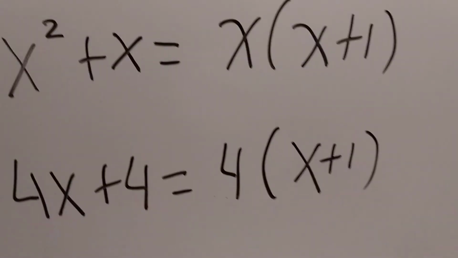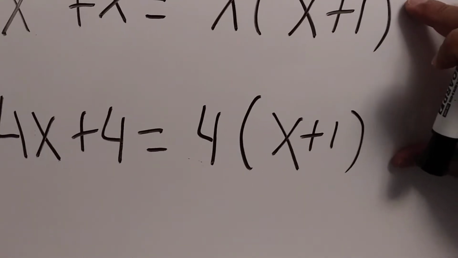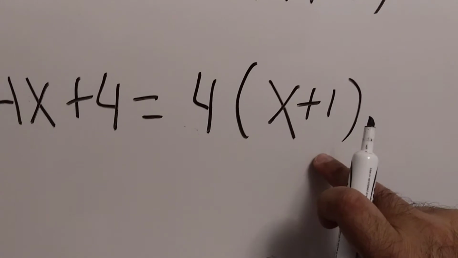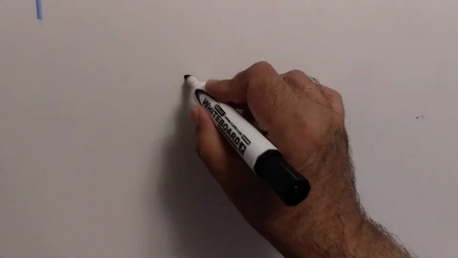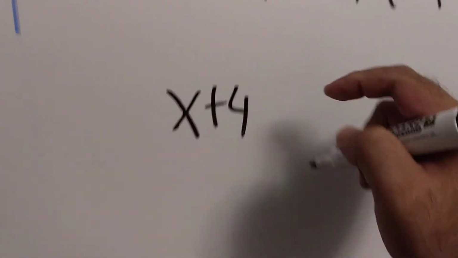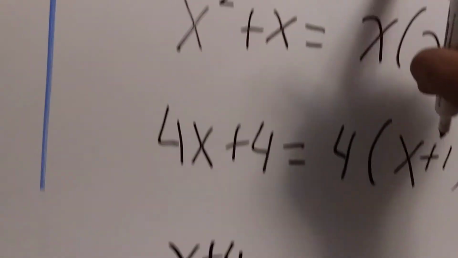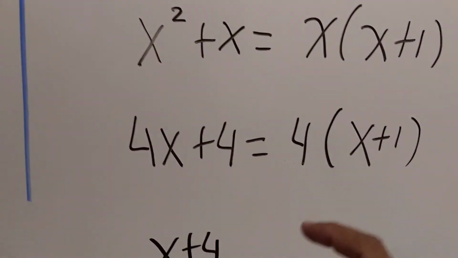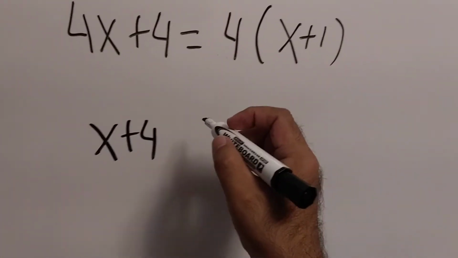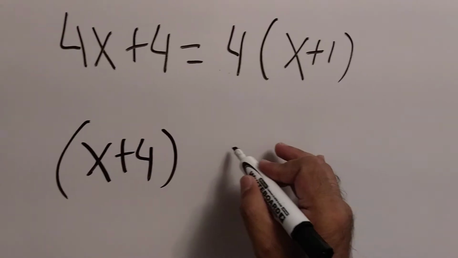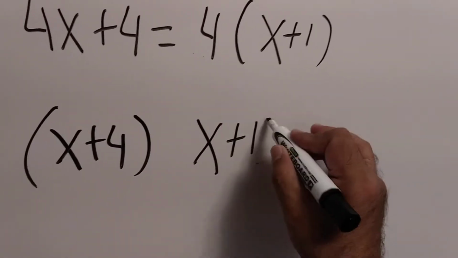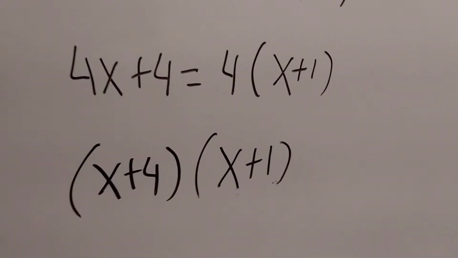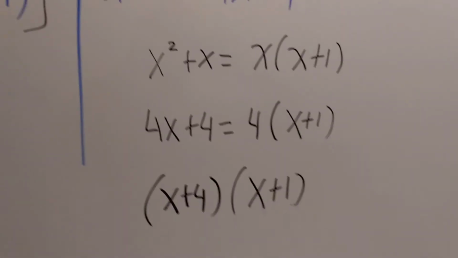So now these are two terms that we have to look at to see what they have in common. As you can see, both of them have the x plus 1. So your answer is going to be x plus 4, because this 4 came from the positive 4 here, right? So you have x plus 4 times x plus 1, the x plus 1 being that greatest common factor. And I'll back it up a little bit so you can see.